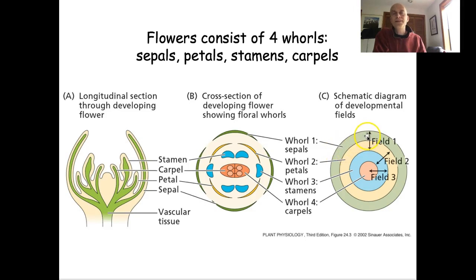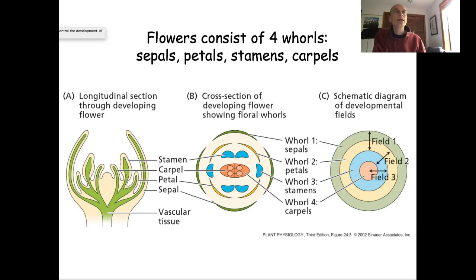Botanists have also described these as fields, where they take 2 whorls that are adjacent to each other and consider them as fields. You will see that these fields are actually quite important later on when we talk about the transcription of certain genes that determine whether or not you have stamens, carpels, petals, or sepals inside the flower.